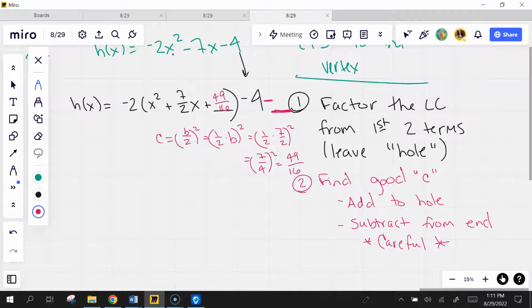What do you think I'm going to subtract? How much have I added to the right side? Did I add 49 over 16?